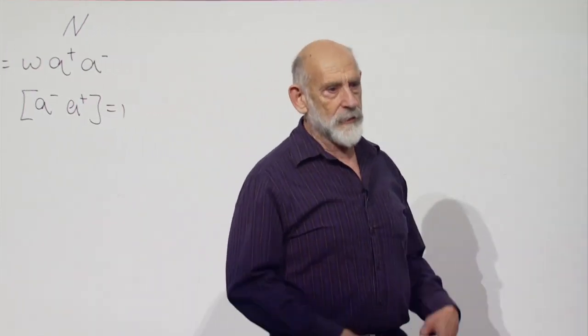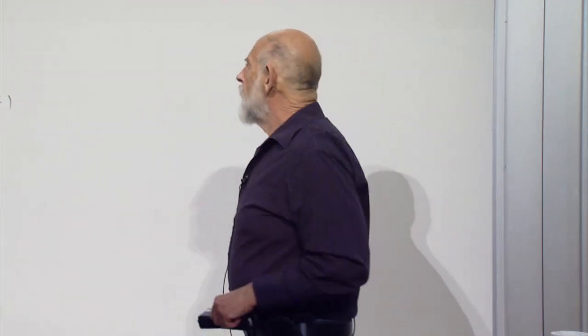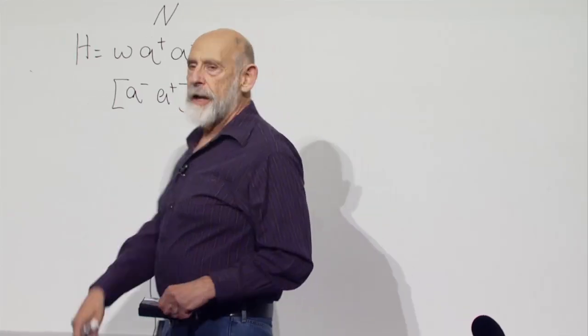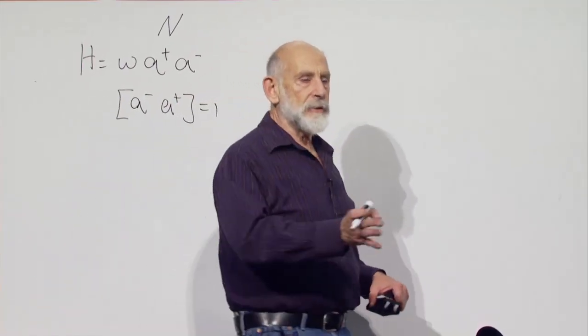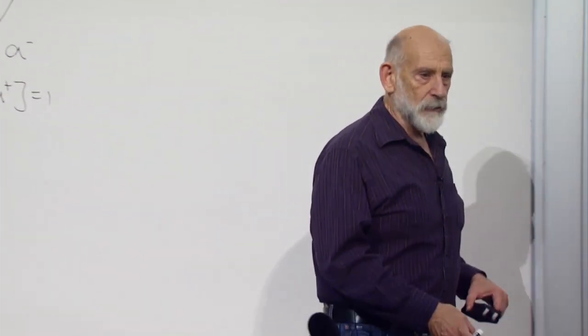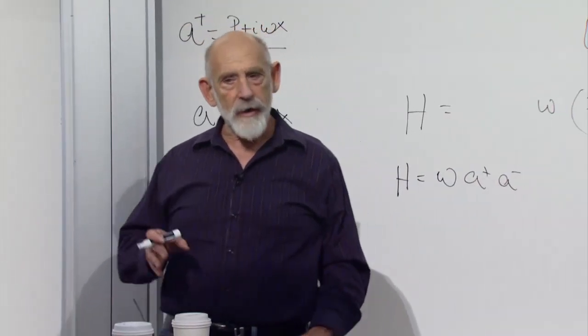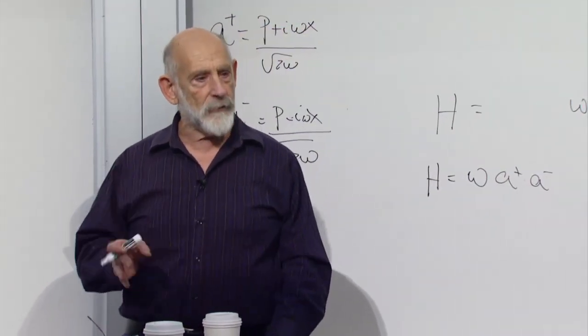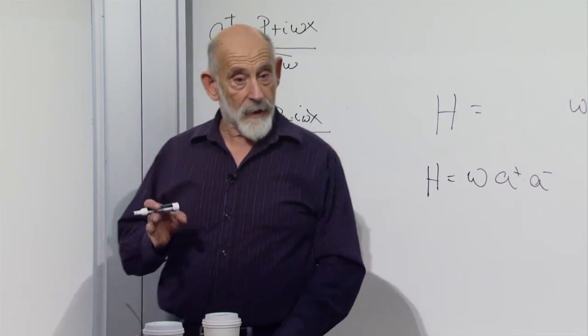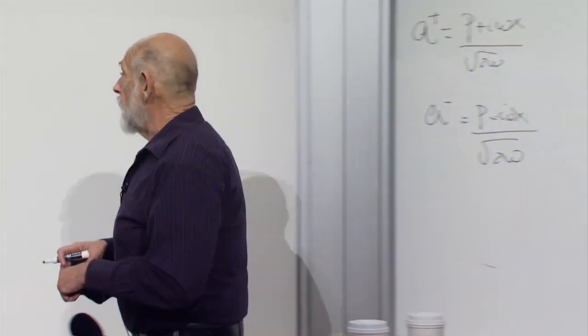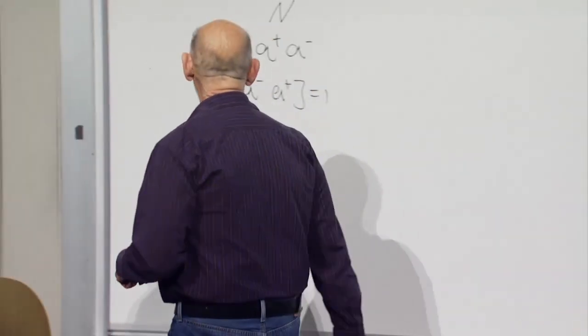It started Hermitian, it stays Hermitian. So N has a complete set of eigenvalues and eigenvectors. What we want to do is find those eigenvalues and eigenvectors. Those eigenvalues and eigenvectors are the energy levels and eigenstates of the Hamiltonian. Okay, so let's see what we can learn.